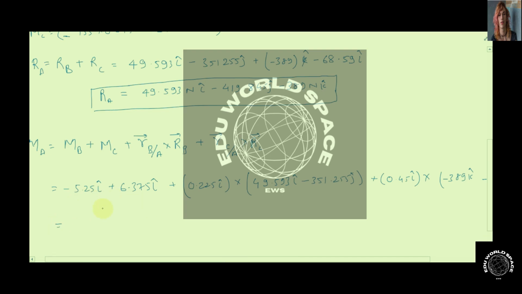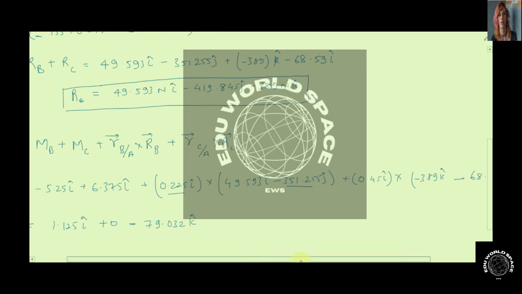If we solve this, it comes out to be 1.125 I cap. Now this I cross I will give 0, I cross j will give k cap, and this will be minus. So minus, if we multiply these two values, it comes out to be 79.032 k cap.